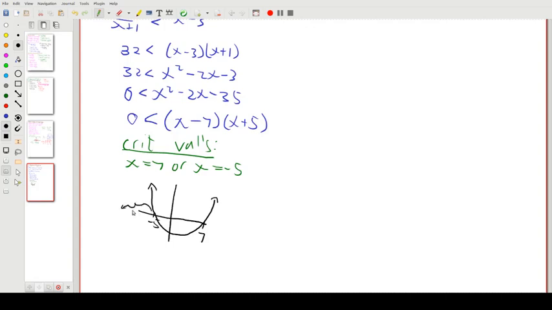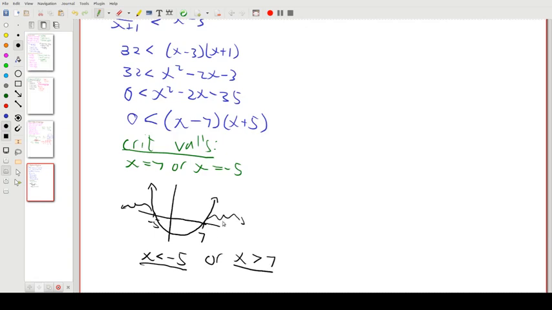So that whole area is above the x-axis, and this whole area, let me just draw that on. This whole area is also above the x-axis. So we know that x must be to the left of negative 5, which means less than negative 5, or x must be to the right of 7, which is greater than 7. So there we have two constraints.